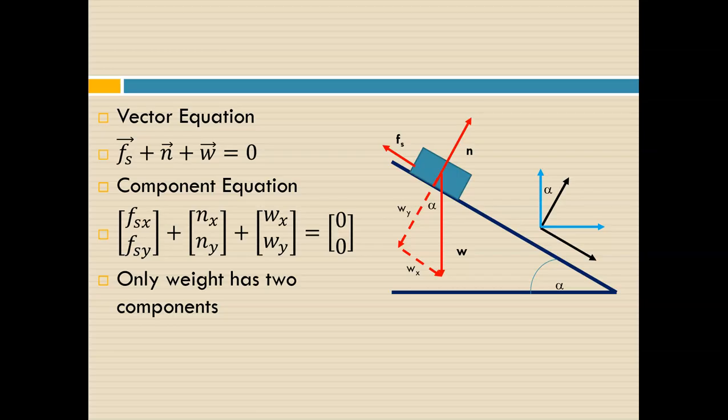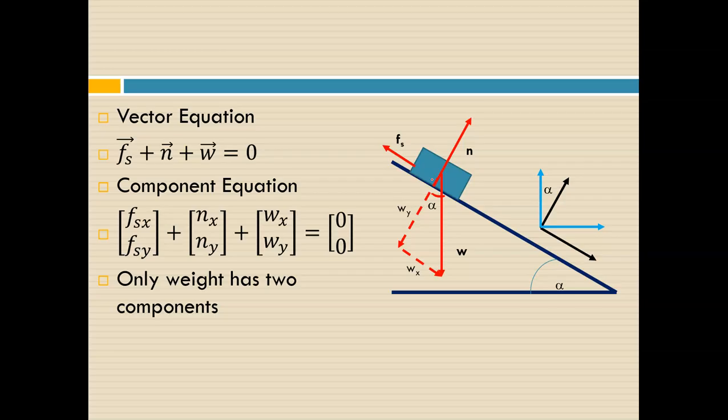The component that is perpendicular to the surface points down towards the y-axis. And the component that is parallel to the surface goes down slope. So we write those as wy and wx. And the angle alpha turns out to be this angle right here.